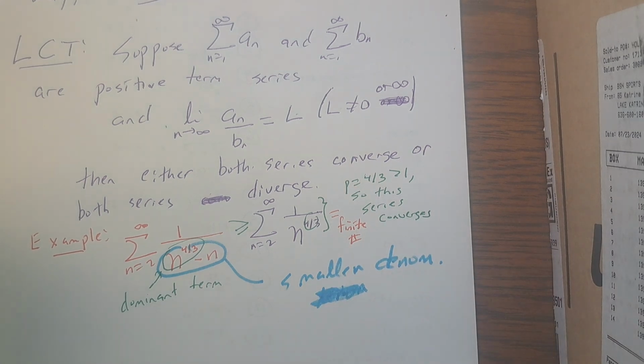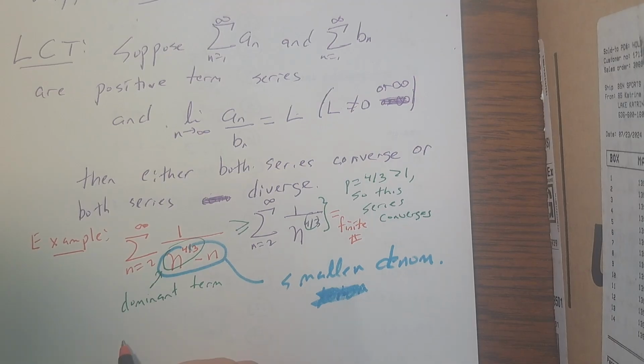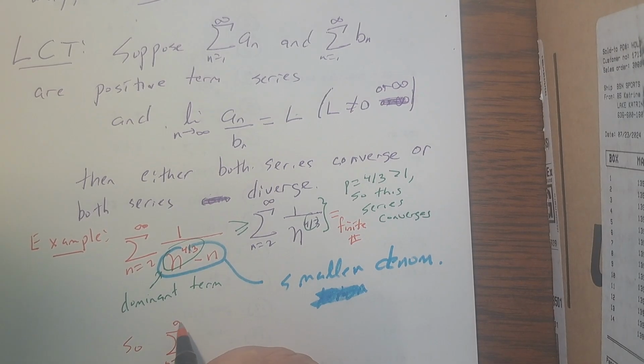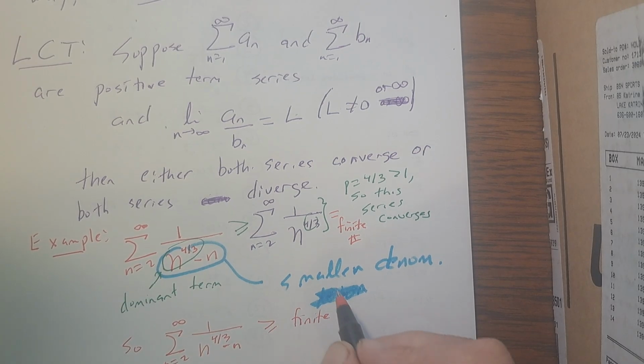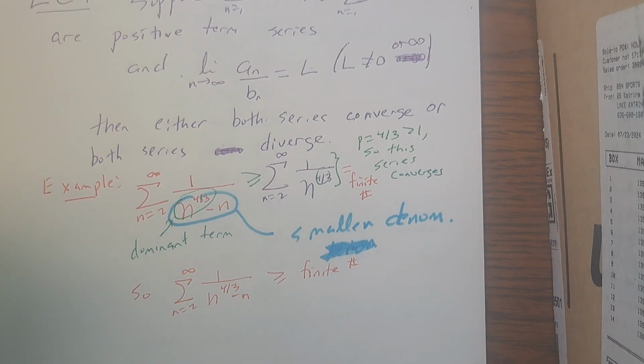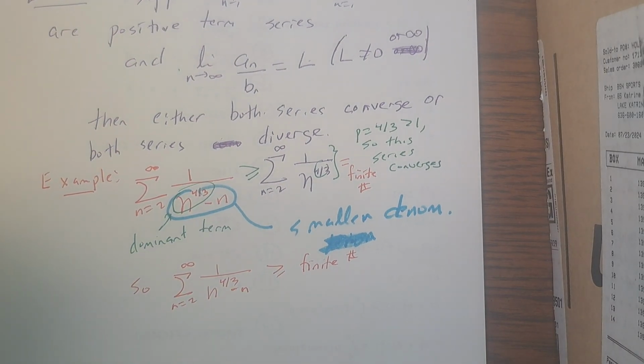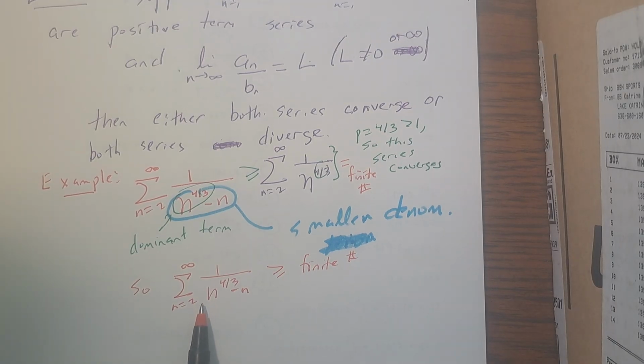And the other one then is greater than or equal to a finite number. Well, you know what's bigger than or equal to a finite number? A larger finite number, or infinity.